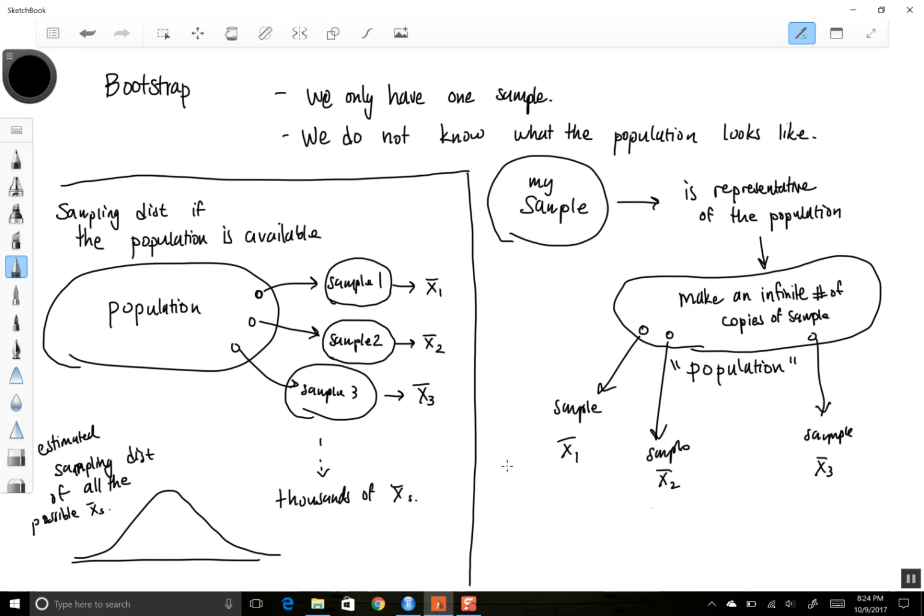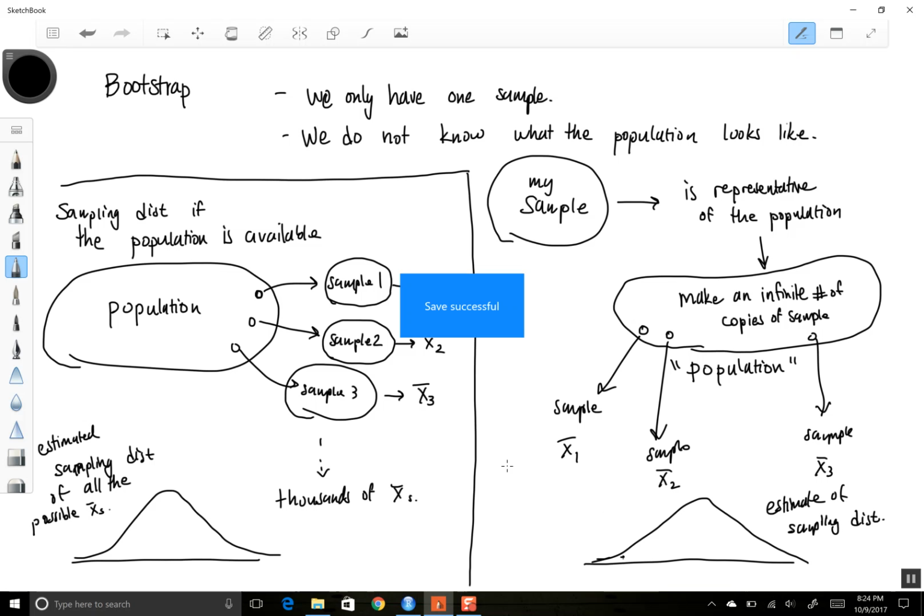Do this over and over again, and now I have an estimate of the sampling distribution. Does that make sense?